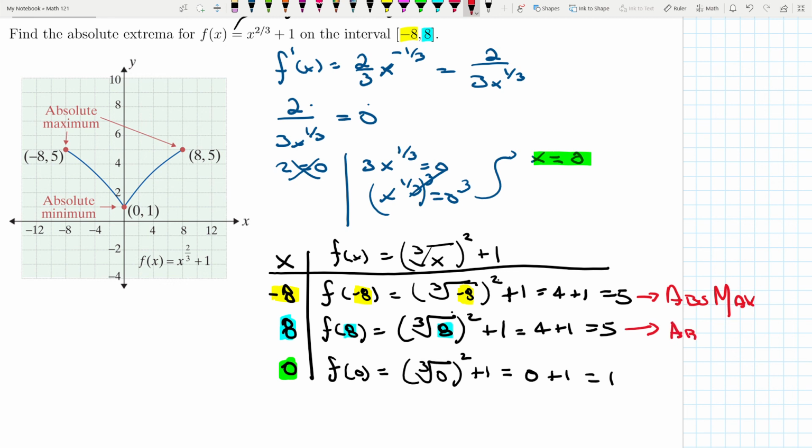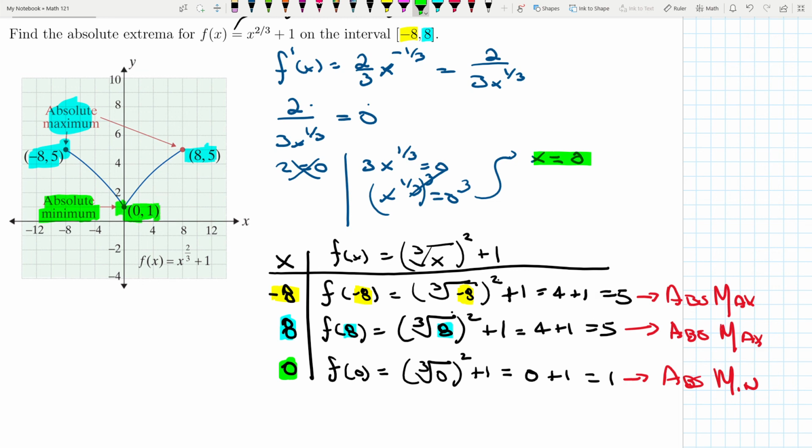And of course, the remaining possibility, the smaller number, which is 1, is indeed the absolute minimum. This is illustrated in the graph right here. Notice how the absolute maximum is over here, and there's another there, as opposed to the absolute minimum, which is right here, the lowest point on the graph.